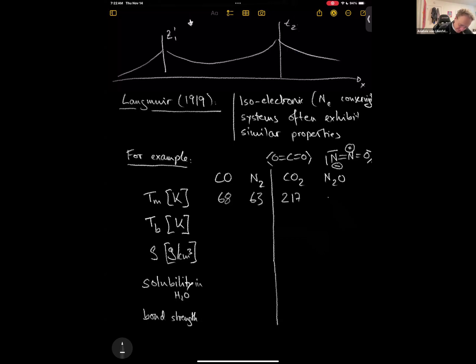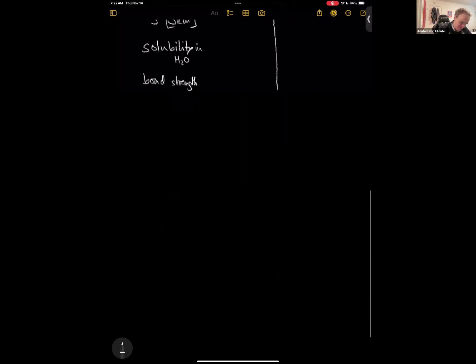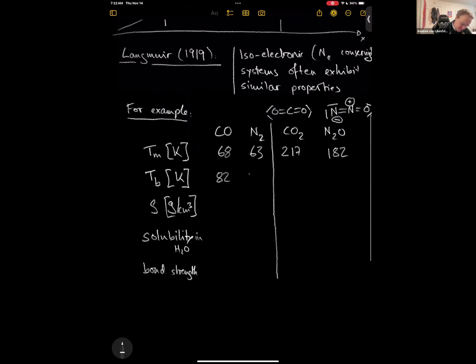And not exactly the same, but still in the vicinity is N2O with 180 Kelvin. So the boiling point for CO is at 82. Why it evaporates as dry ice, right? And for N2, the boiling point is 77. So when you need liquid nitrogen, you have to cool things down to below 77 Kelvin.